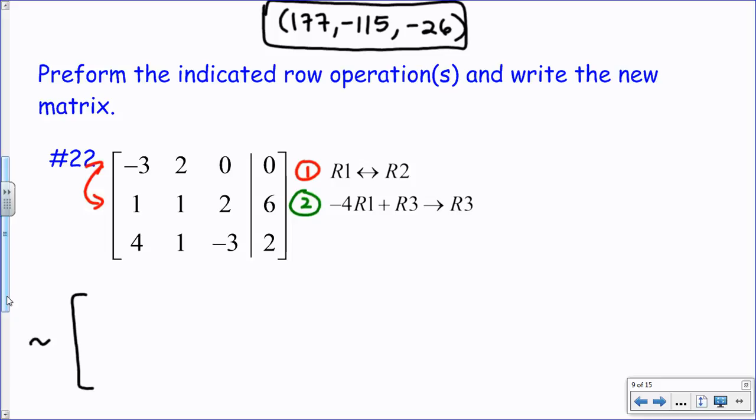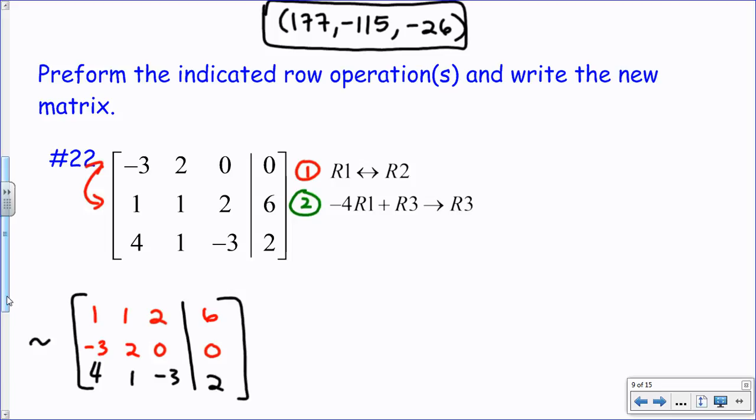Okay, so I'm going to write row 2 on top. And then row 1 is now row 2. Row 3 did not change.